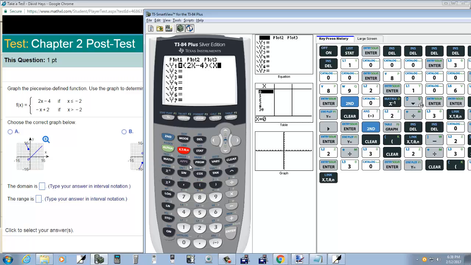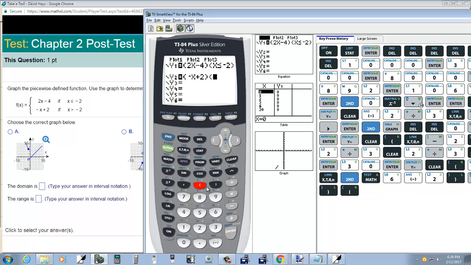So x, and then my second math to find the inequality, less than or equal to negative 2. Close parentheses, down arrow, and I'll put my second piece on this one. So I'll do beginning parentheses, negative x plus 2, negative on the very bottom row. It has to look exactly like what you're seeing here. And x is greater than negative 2. So go to my test, greater than negative 2, close parentheses, and then graph.